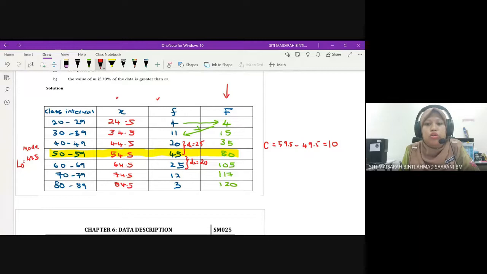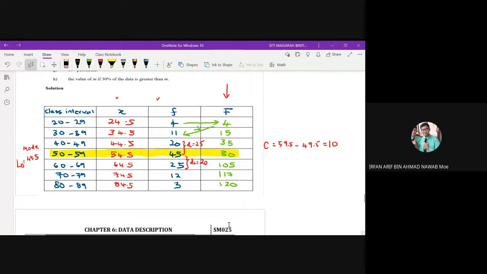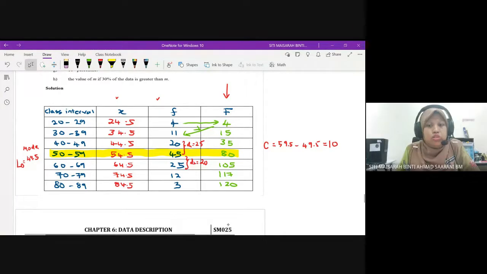On which row is the 60 located? Is it the third row or the fourth row? The third row is 35.